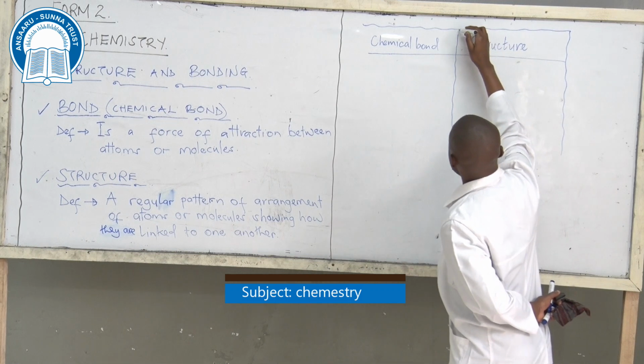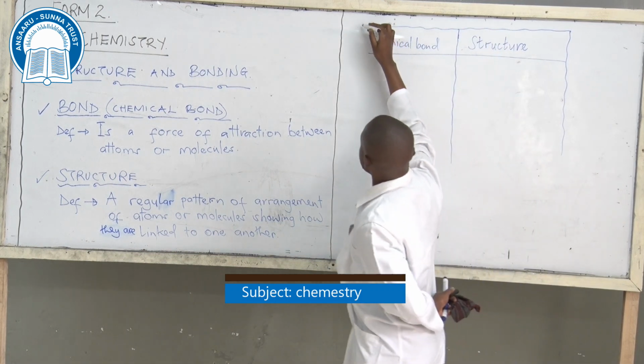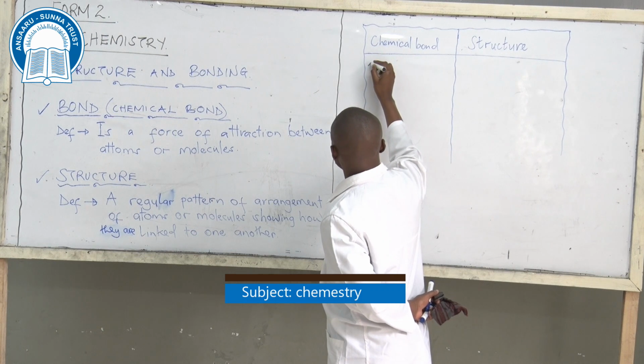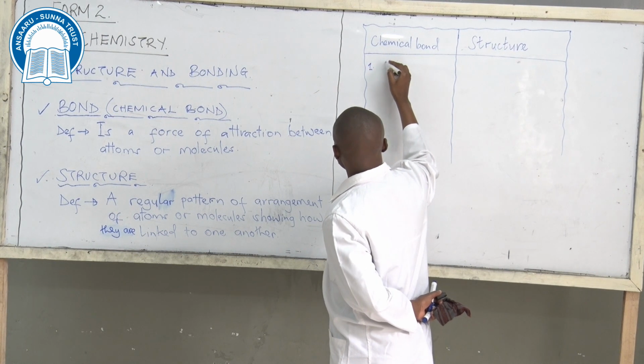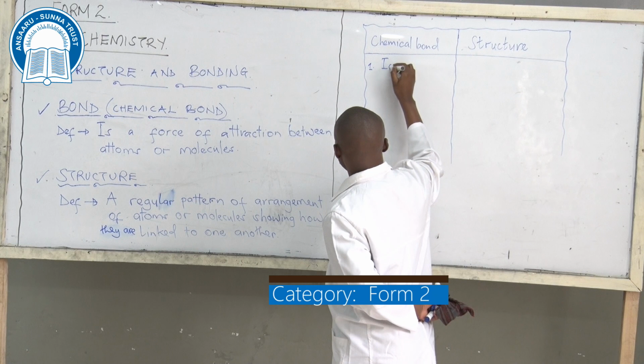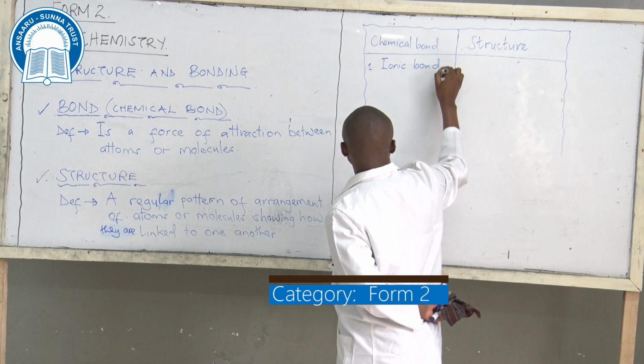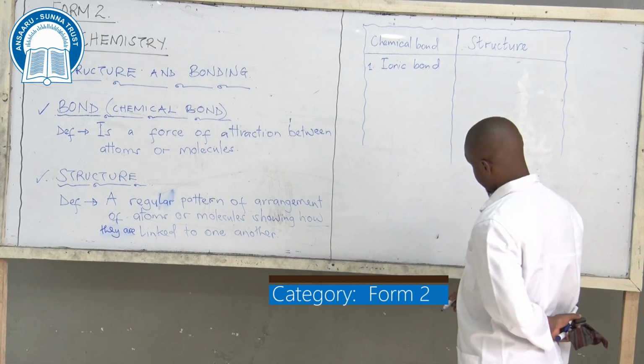The first bond we want to put down, which we will discuss as we go on, is an ionic bond.